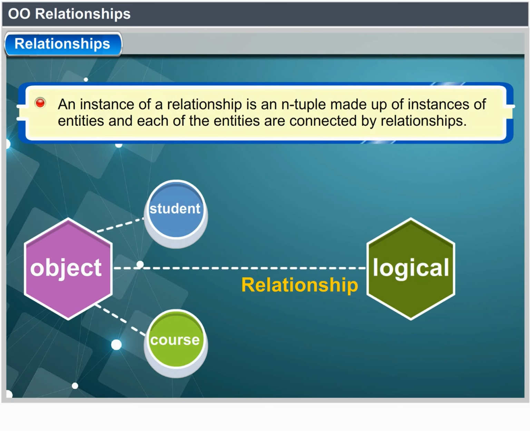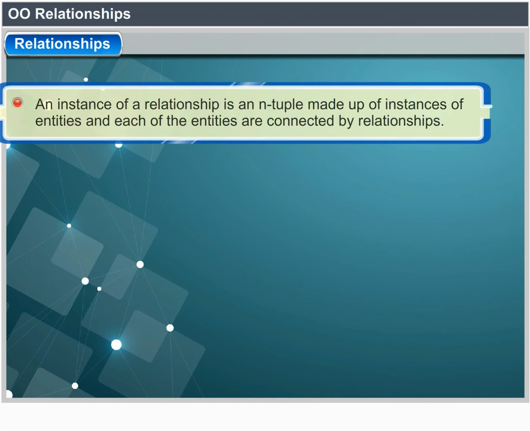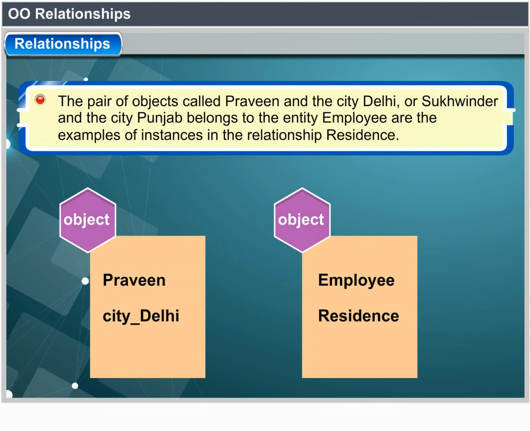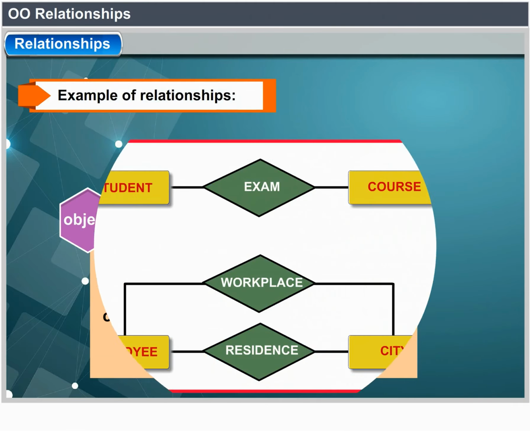An instance of a relationship is an n-tuple made up of instances of entities, one for each of the entities involved. The pair of objects made up of the employee named Johansen and the city Stockholm, or the pair made from the employee Peterson and the city Oslo, are examples of instances in the relationship residence. Examples of relationships.